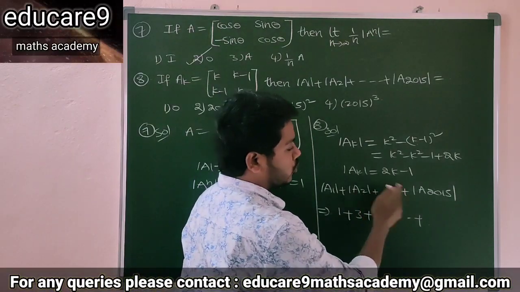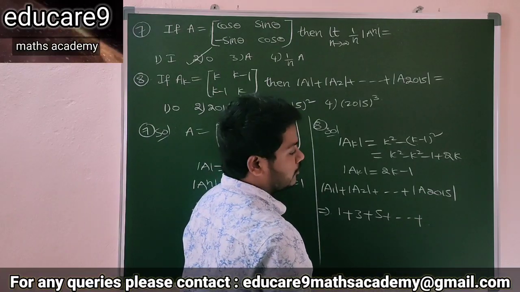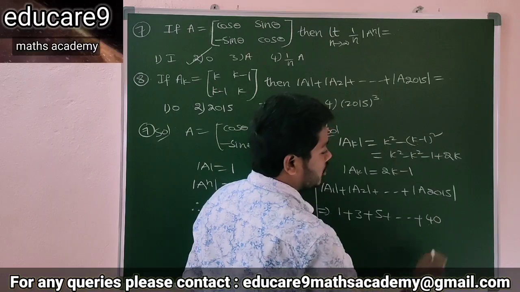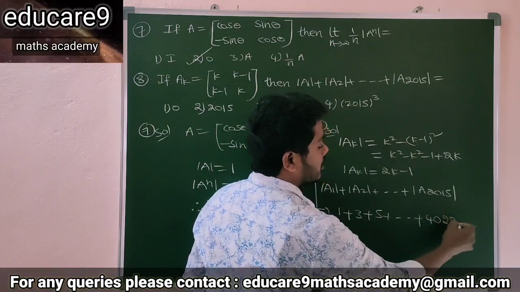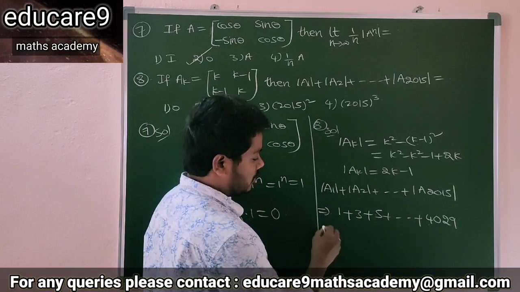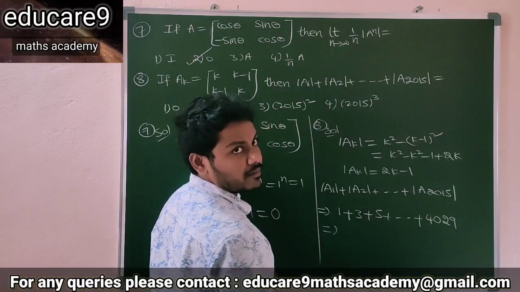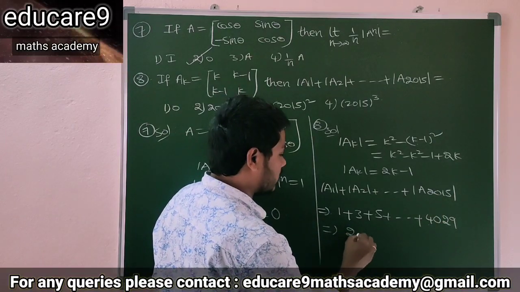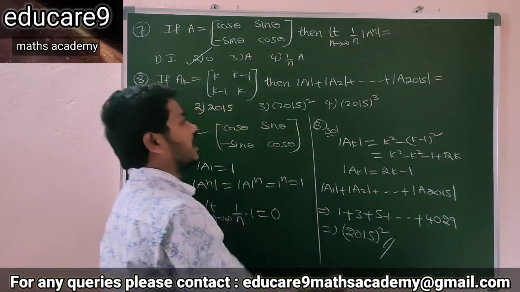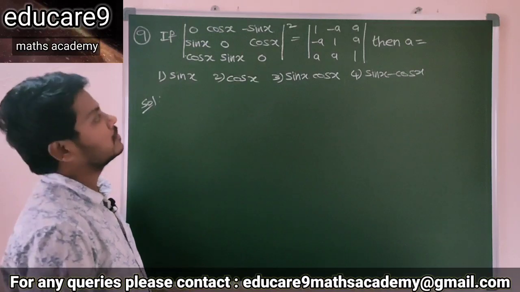For A2015, that is 2 into 2015, that is 4030 minus 1, you will get 4029. So clearly this is the sum of odd numbers, whose formula is n square. What is the n value? 2015. So we will get 2015 whole square. So clearly option 3. Next, see the ninth solution.